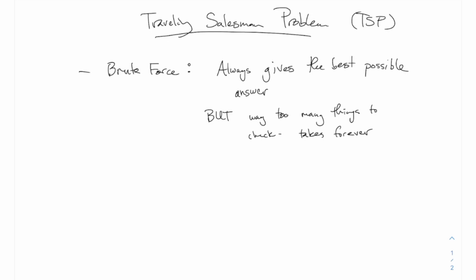I said last time that the brute force is very inefficient, right? And it's true. This is very inefficient. Sorry, I can't spell and speak at the same time. And this is why nobody uses it in the real world, even if you're using a computer.